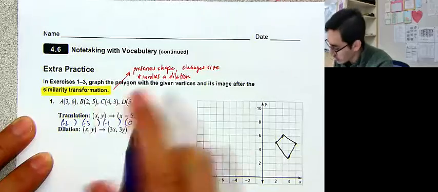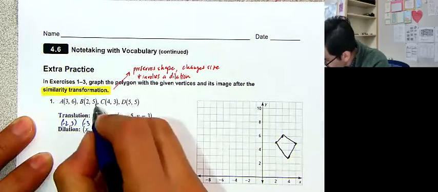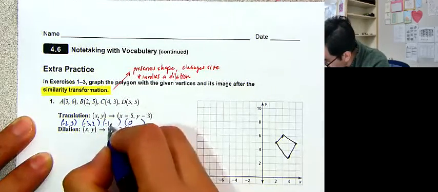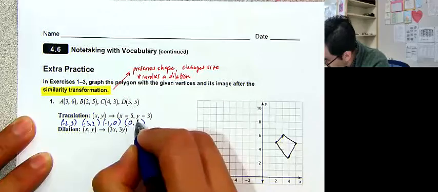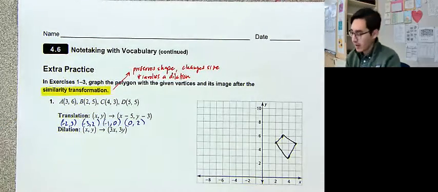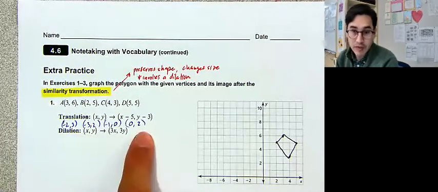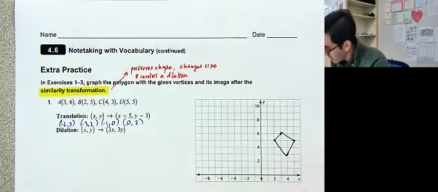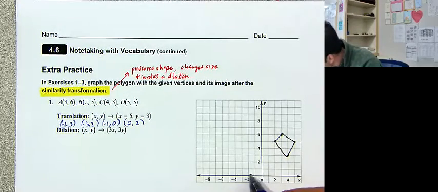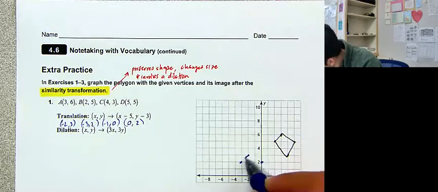Okay, 6 minus 3, 5 minus 3, 3 minus 3, and 5 minus 3. Right, so that gives us a new set of points or coordinates, and we're going to plot these. -2, 3, -3, 2, -1, 0, and 0, 2.